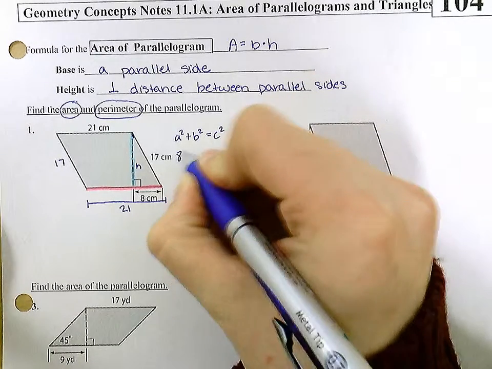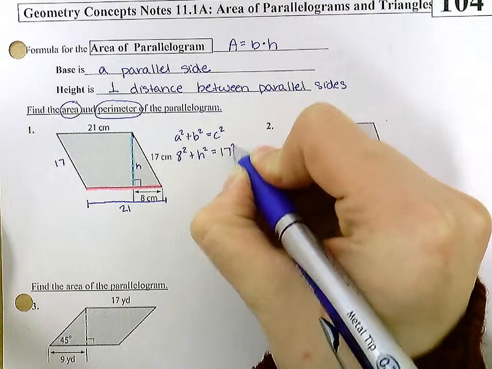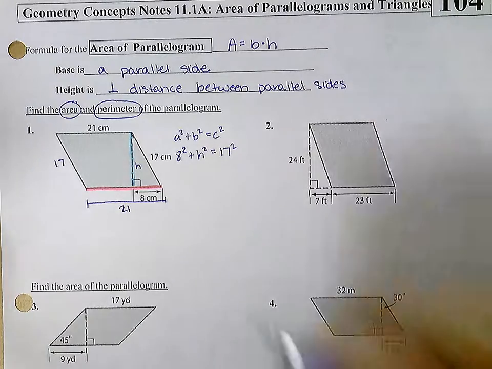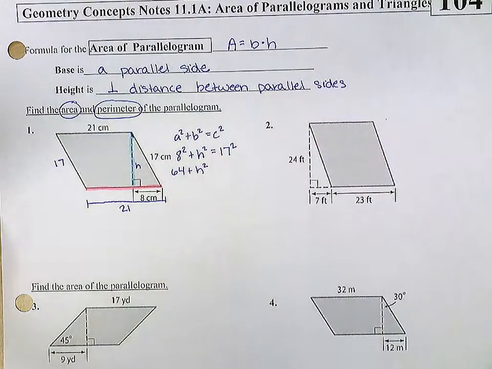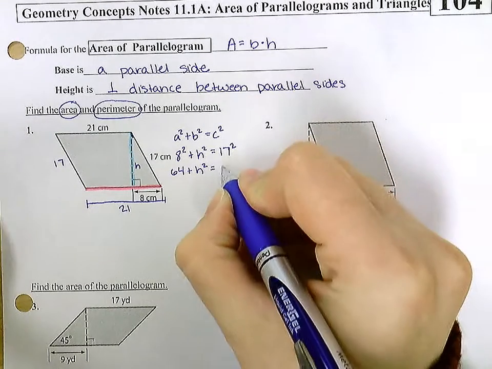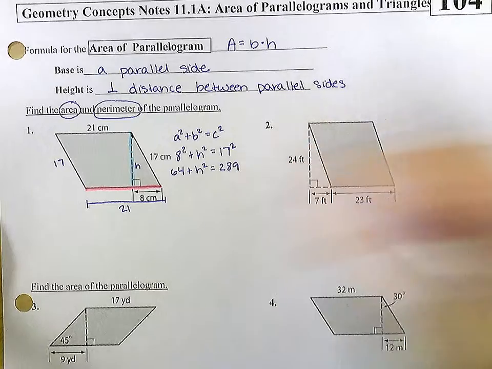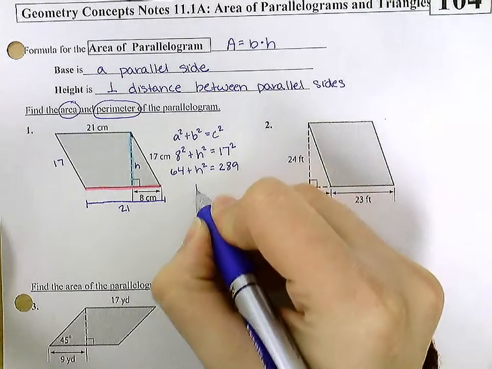So I have 8 squared plus h squared is equal to 17 squared. 8 squared is 64. 17 squared is 289. Subtract 64.